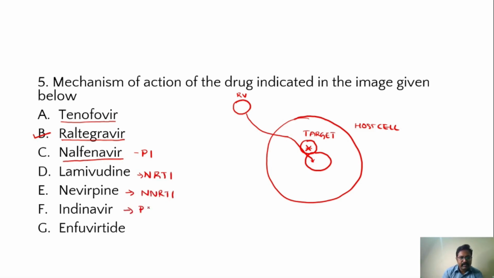Indinavir is again a protease inhibitor. And enfuvirtide is a fusion inhibitor. So here the appropriate drug which targets the integrase enzyme is raltegravir.